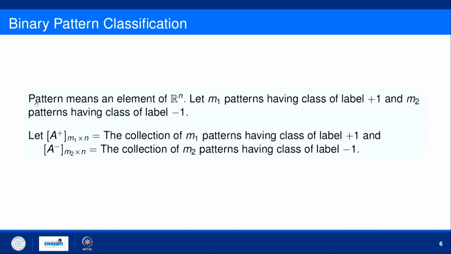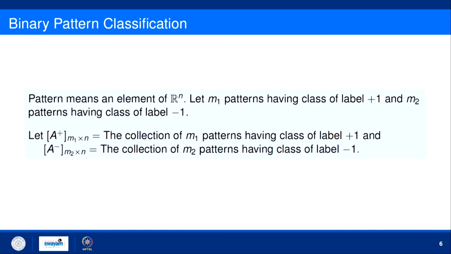Now first of all, if we are saying pattern, pattern means an element of Rn. We already know what Rn is. Rn is the set of n-tuples. So pattern means an element of Rn. Let M1 patterns have class label +1 and M2 patterns have class label -1. You have two classes.